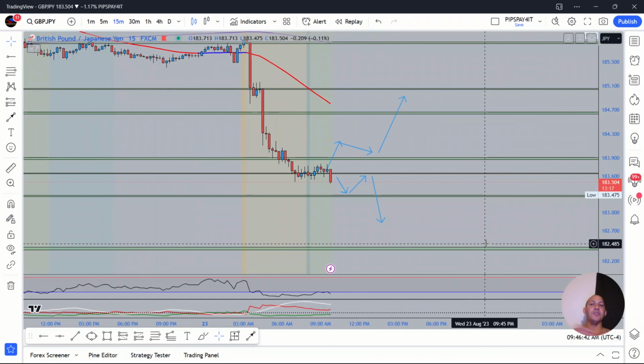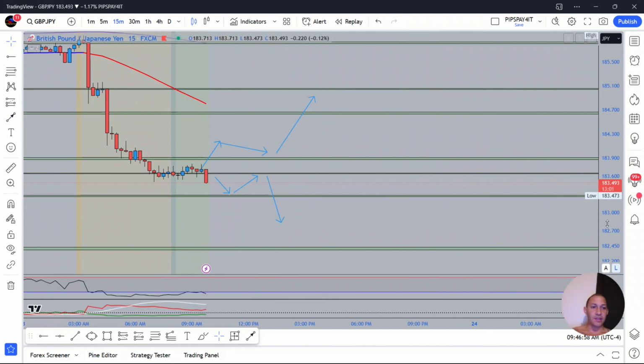Okay, when I trade, I always look for a buying opportunity and a selling opportunity. Depending on price action and the support and resistance levels, I get to decide where I want to go. All right, so that's basically how I trade.